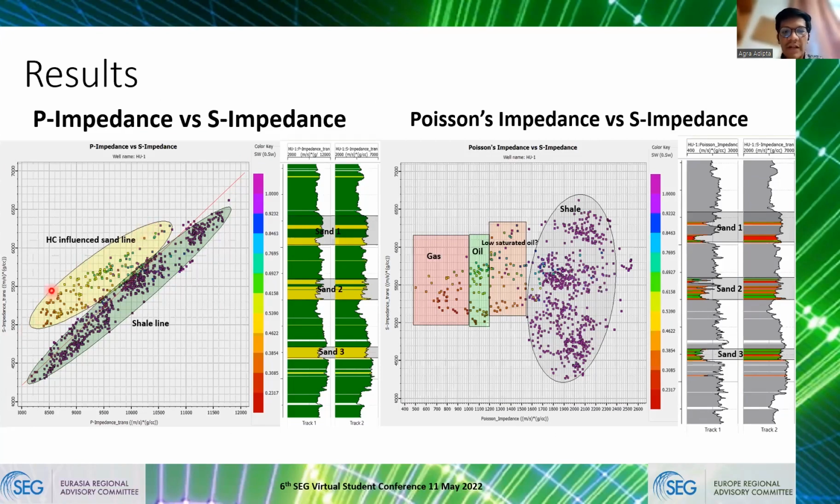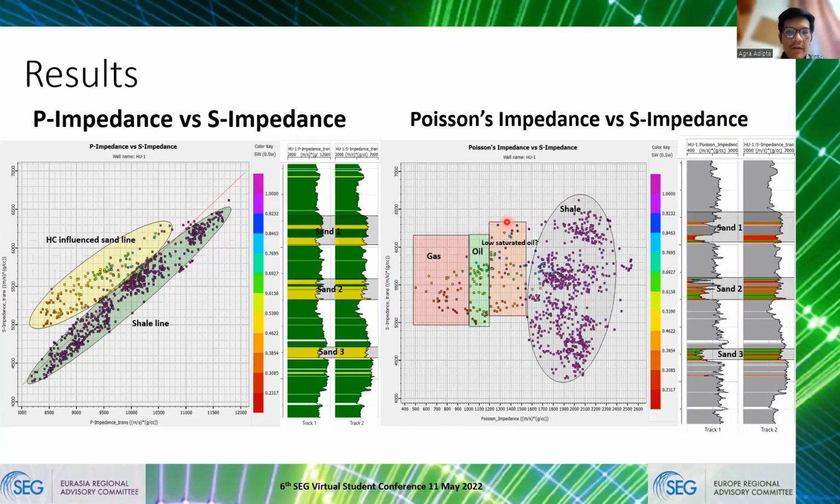But the greater discrimination is when we try to utilize the Poisson impedance, where the bigger separation is apparently seen on the shale line and also the gas line.